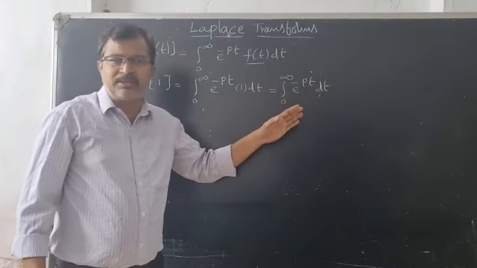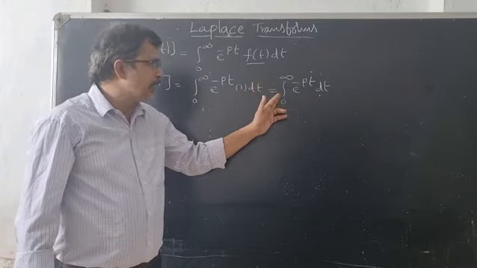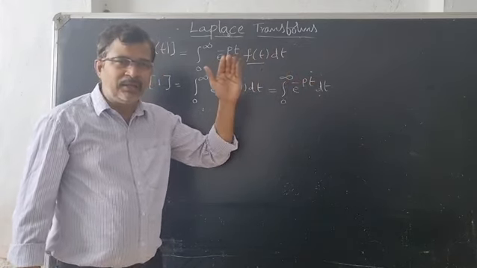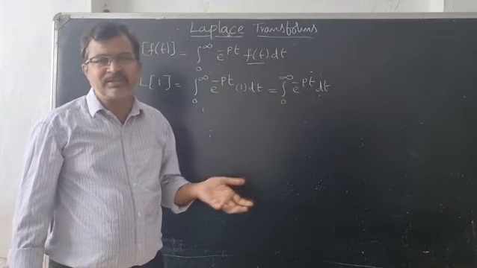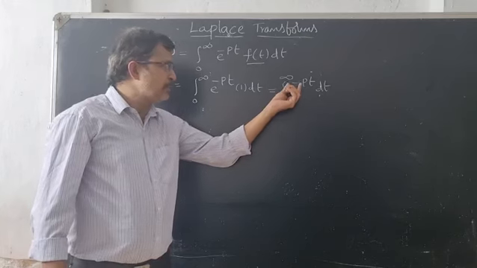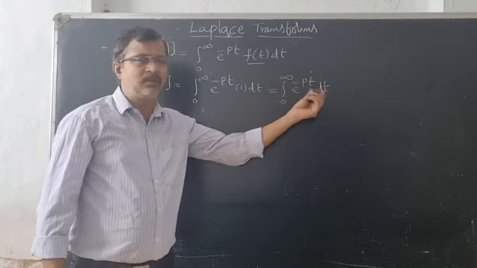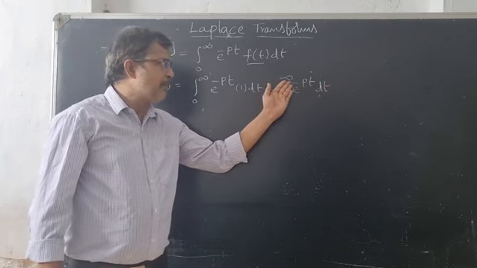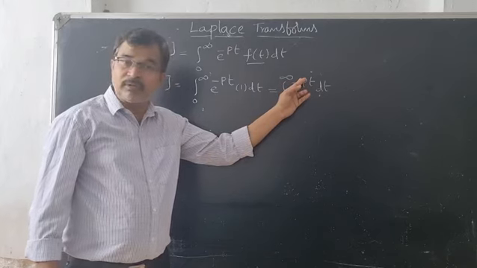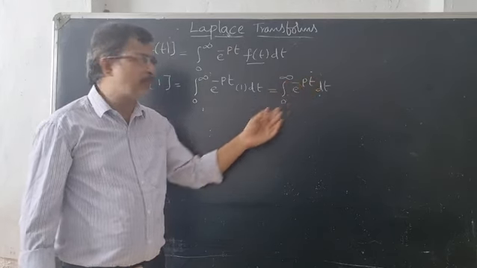Here one formula is there: the integral of e^x dx is equal to e^x only. For e^(-pt) with respect to dt, that means e^(-pt) divided by the derivative of the function -pt. The derivative is -p.